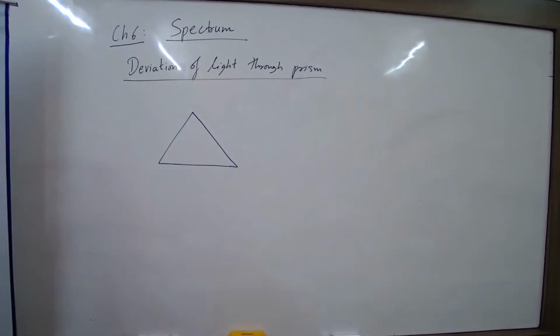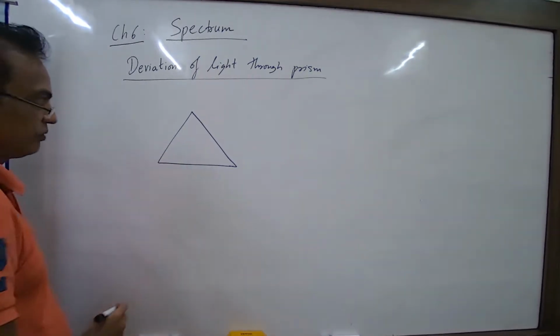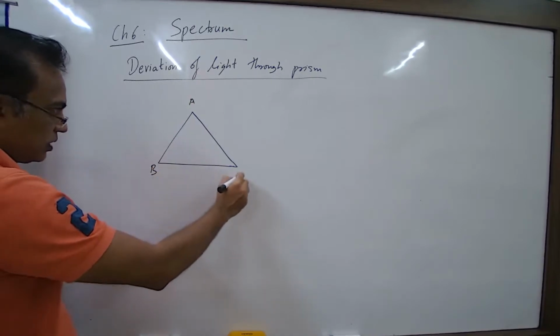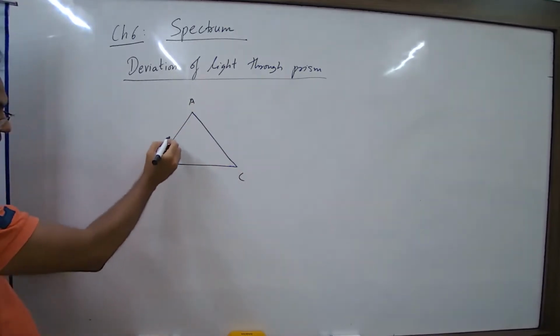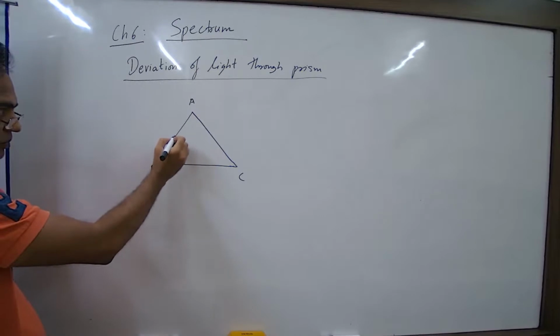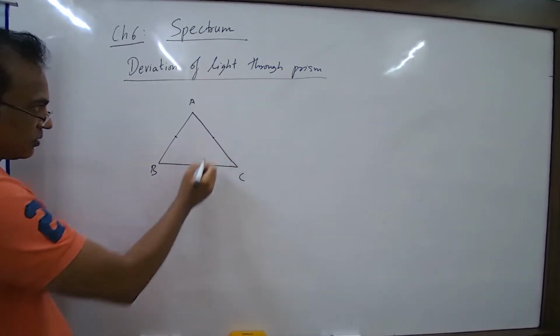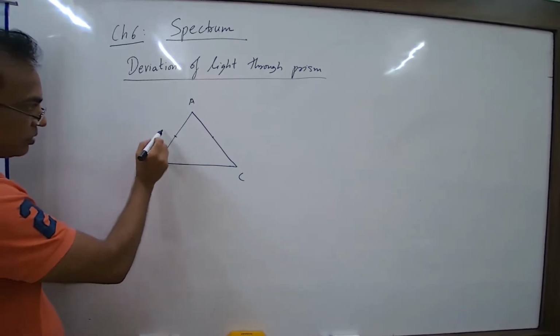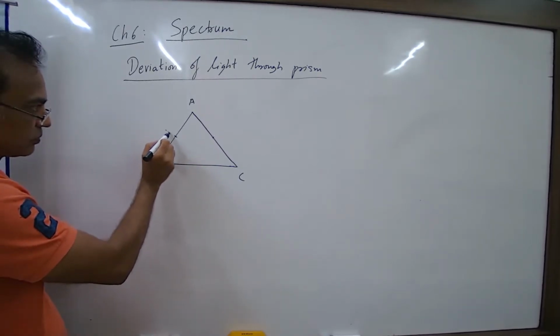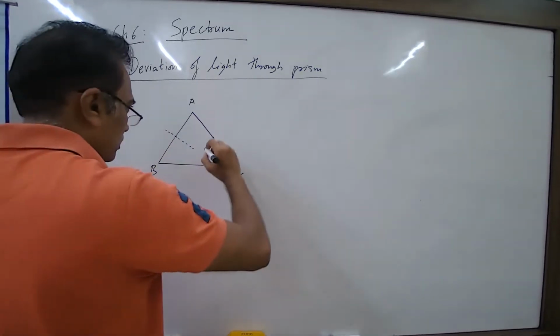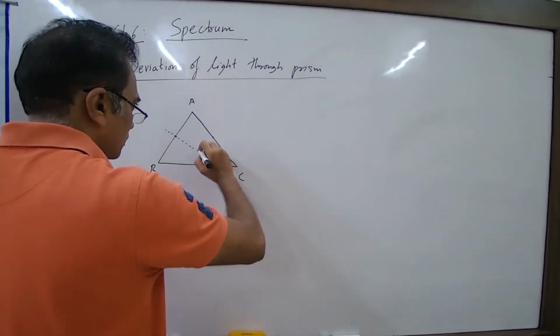Okay. So anybody remembers the ray diagram? How do we draw the ray diagram of prism? Right. So we mark the midpoint of face AB and the midpoint of face AC and draw normals.